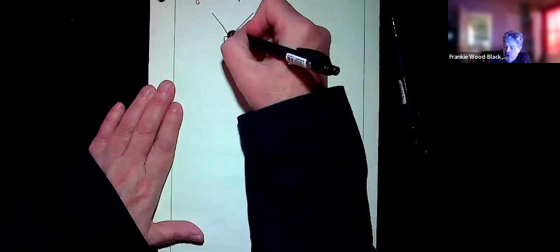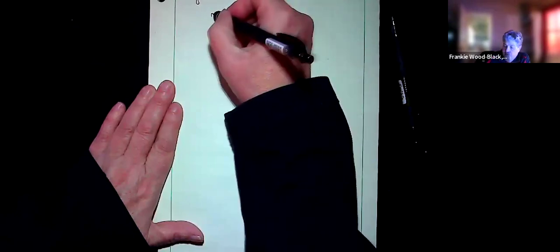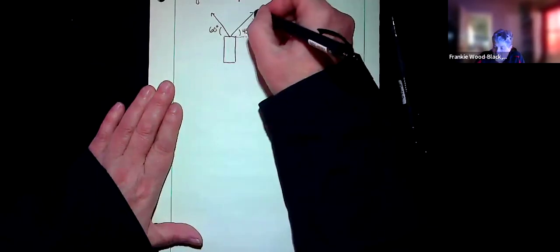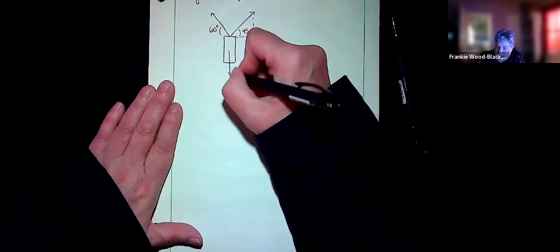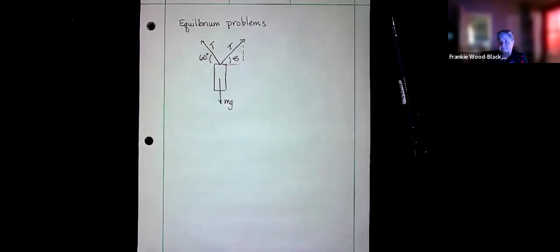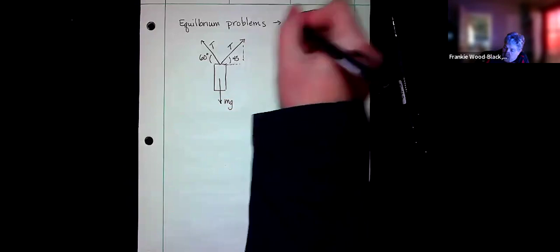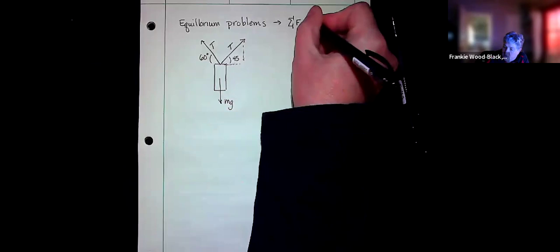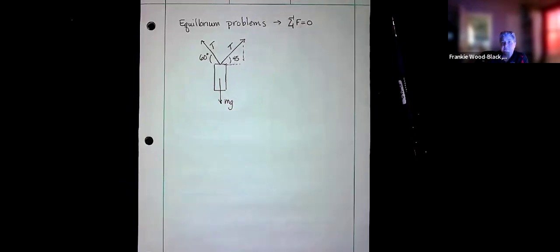And this one over here is being hung in this one, and we're going to make that 60 degrees. And we know that this has a mass to it, so that's mass down. We want to know the tension in those two sides of my object. If it's an equilibrium problem, it says that the sum of my forces is equal to 0.